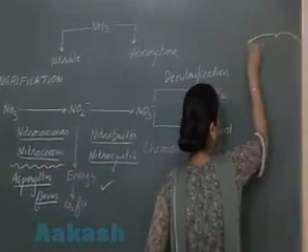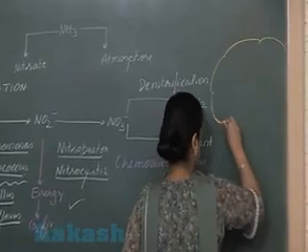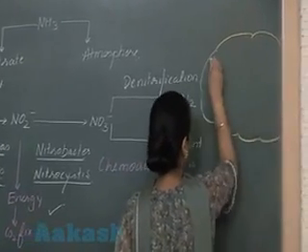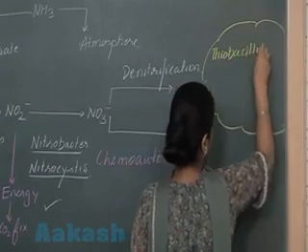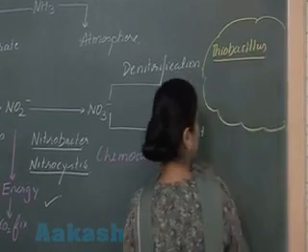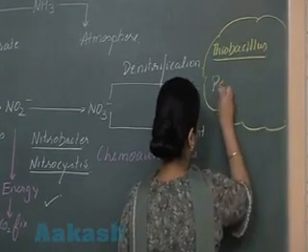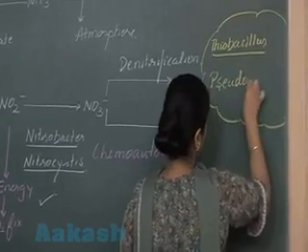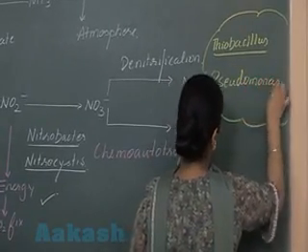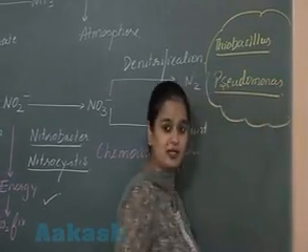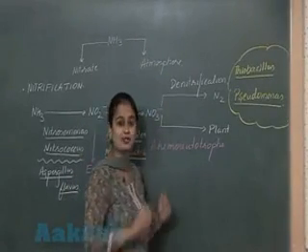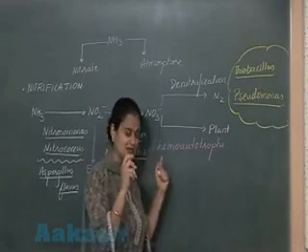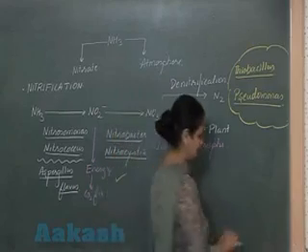The microorganisms involved here are Thiobacillus denitrificans and Pseudomonas denitrificans. So let's see, when the plant absorbs nitrate, what will be the fate of the nitrate in the plant body?